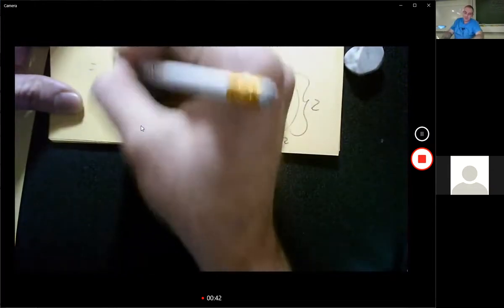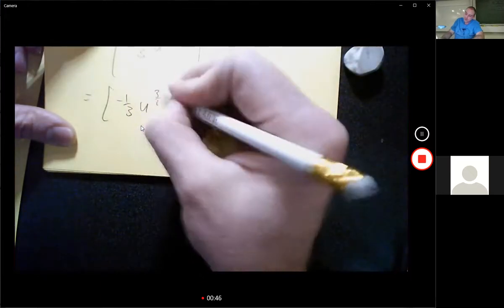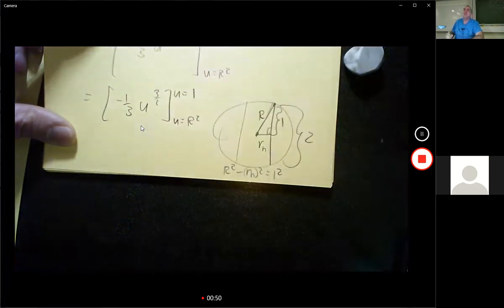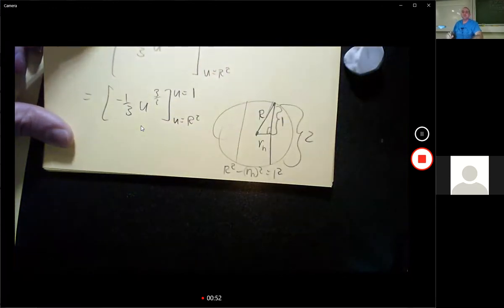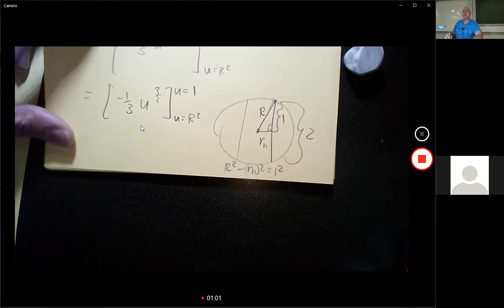And so therefore, this is minus a third u to the 3 over 2, where u equals R squared minus RH squared, which is 1, well, 1 squared, but you know. And this now does not involve RH, and we have actually solved the problem.